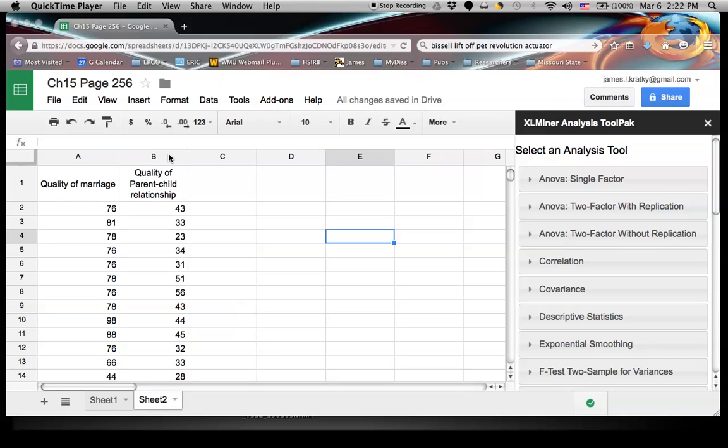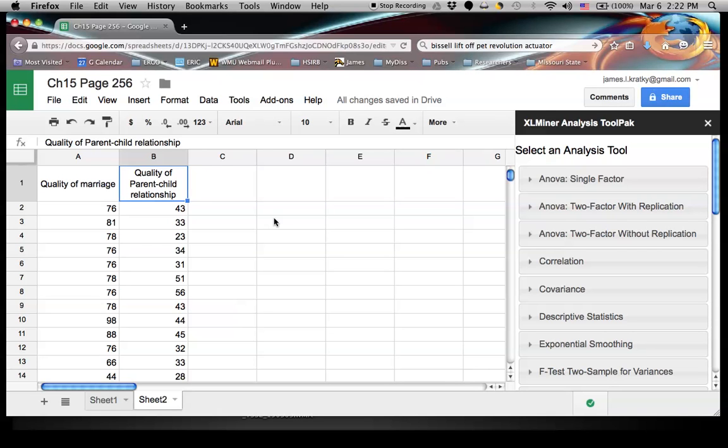Essentially we're saying, is there a correlation between these two variables? And it's important to note that we're using quality of marriage as the predictor variable and the quality of the parent-child relationship as the response variable, because what we were given in this context was that researchers wanted to see if the quality of marriage score was a good predictor for the quality of the parent-child relationship.